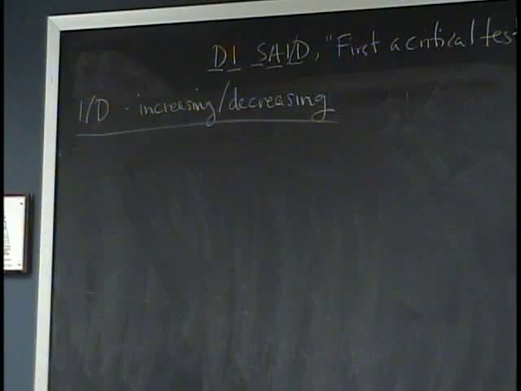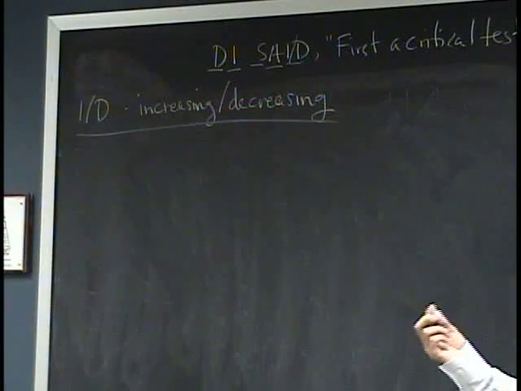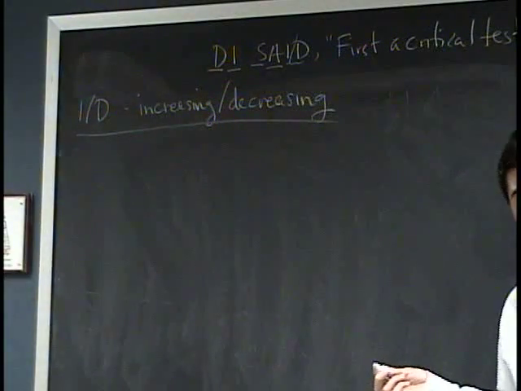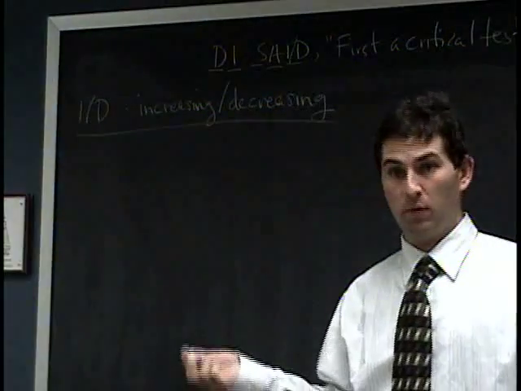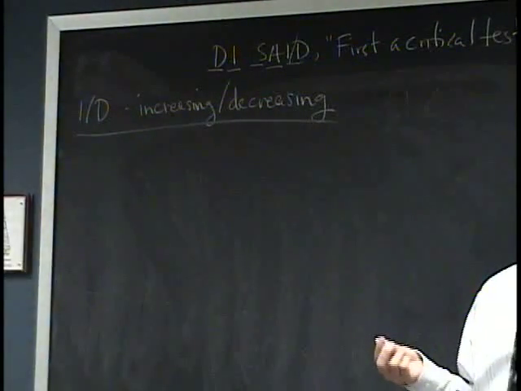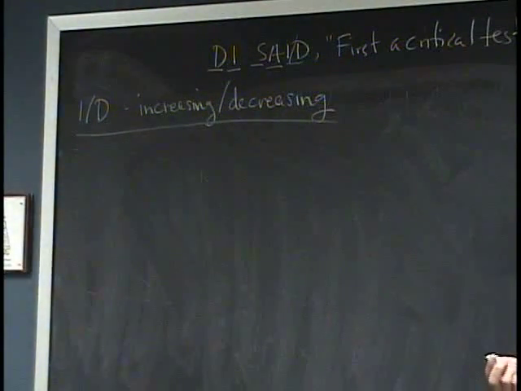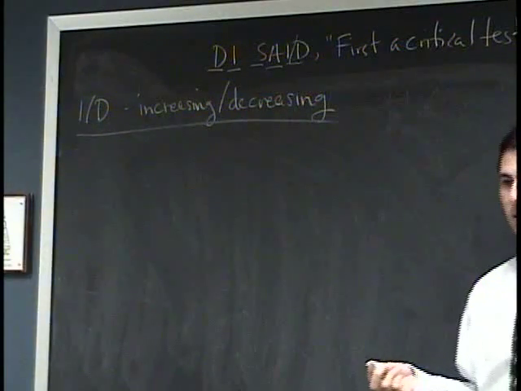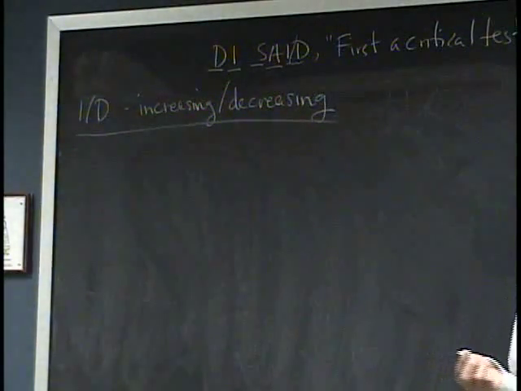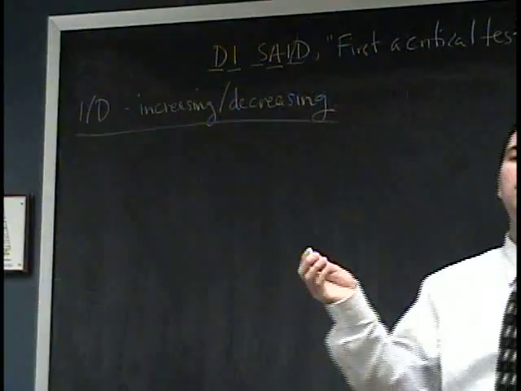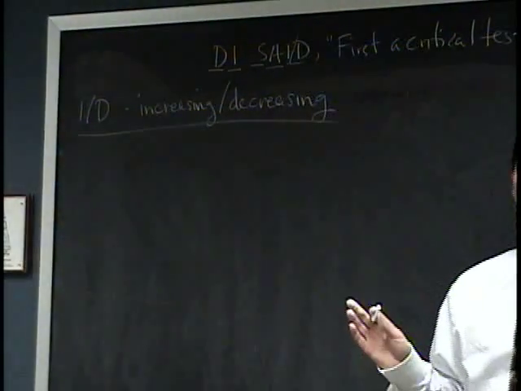Let's say somebody asked you, what does it mean for a function to be increasing? What would you say? The slope is positive. Let's do it naively, as naively as possible.